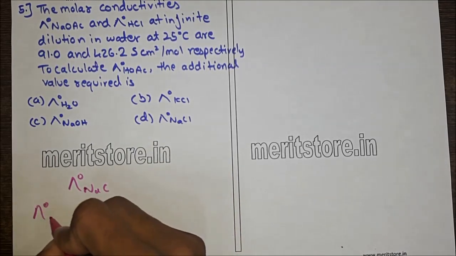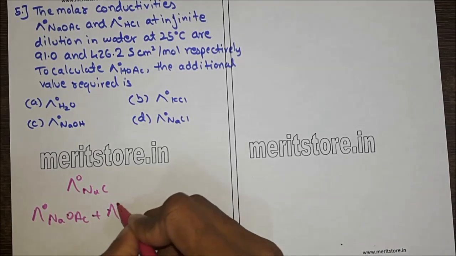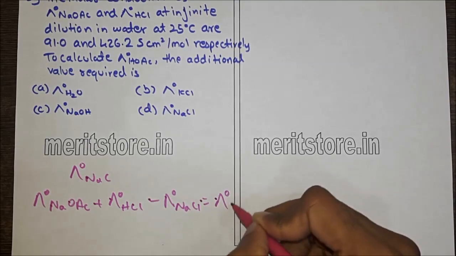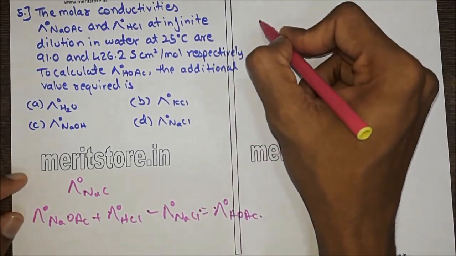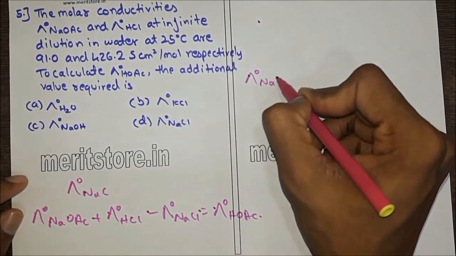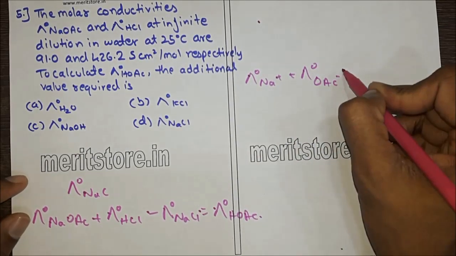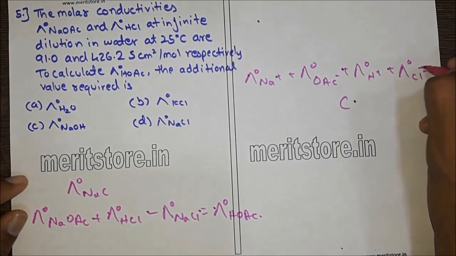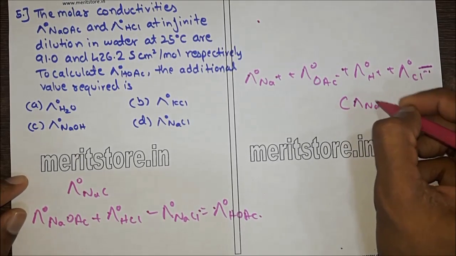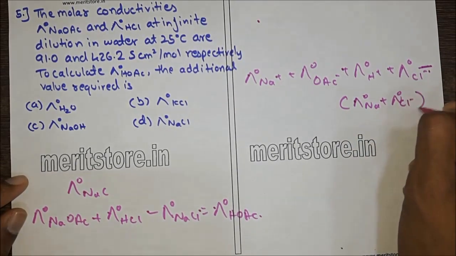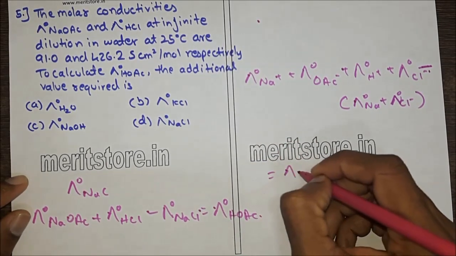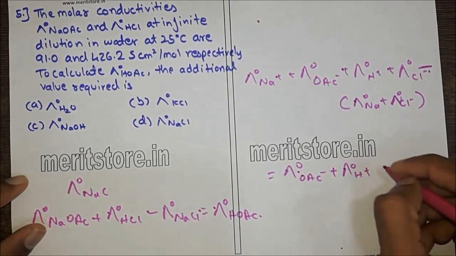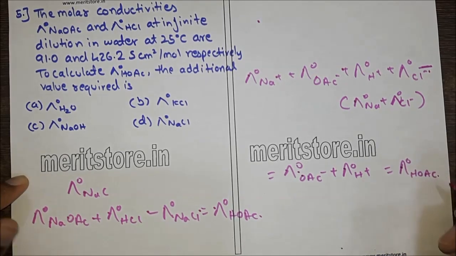Therefore, molar conductivity of sodium acetate plus HCl minus NaCl gives the CH3COO- plus H+ value, which is acetic acid.